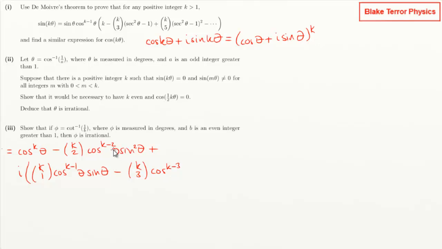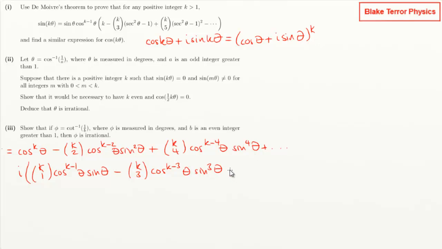I've done it up here as well. I'm fixated on the powers and not writing the thetas in. So cos k minus 3, and then I'm going to have a sine cubed, which is why I've got the minus sign, because two of them have made a minus 1 and the other one's left me an i. So I've got that, and then back up here I'm going to have k choose 4, cos k minus 4 theta, sine to the 4 theta, and then onwards.